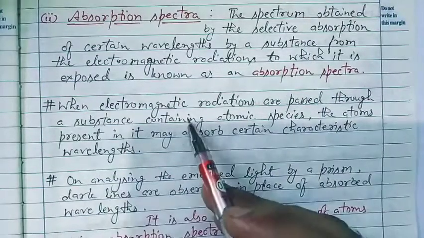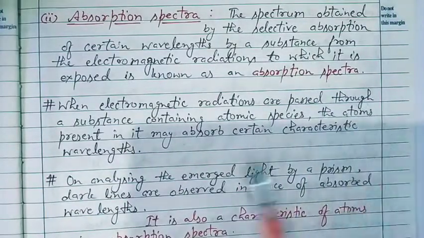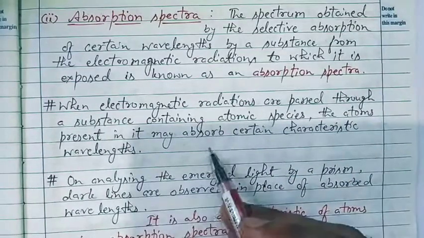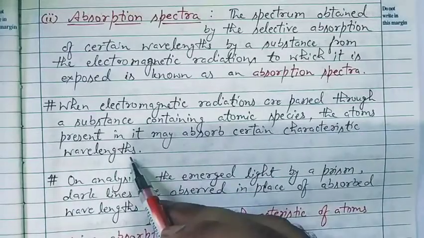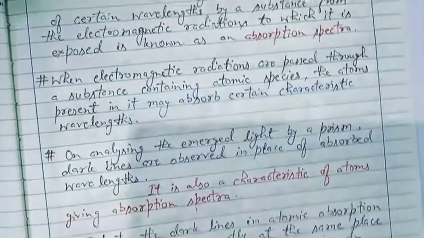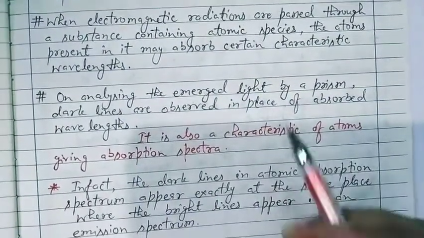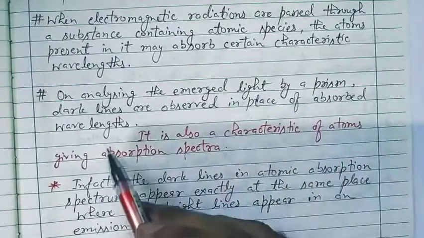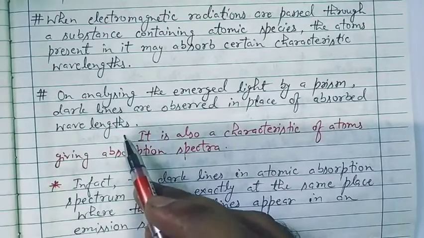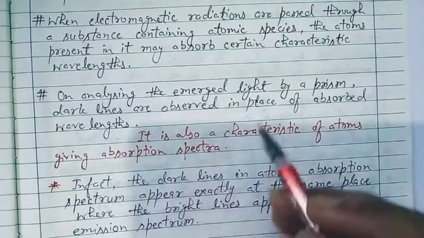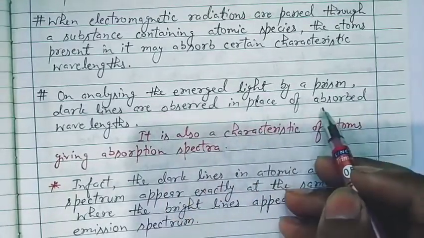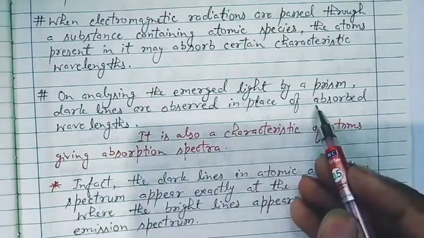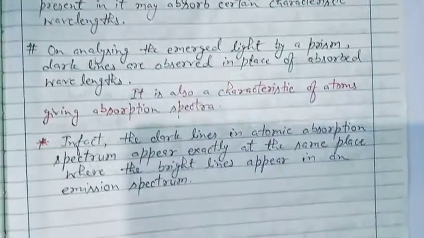Now, when electromagnetic radiations are passed through a substance containing atomic species, the atoms present in it may absorb certain characteristic wavelengths, like I already told. On analyzing the emerged light by a prism, dark lines are observed in place of the absorbed wavelengths. Where a wavelength is absorbed, we get dark lines, and at the other places we get the specific colors.